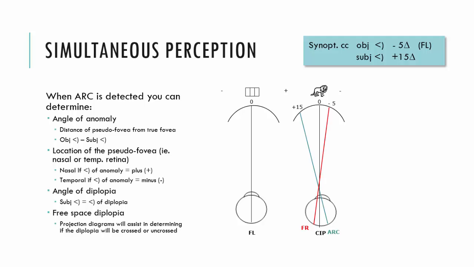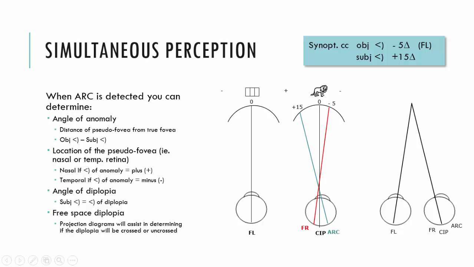We would then take this synoptophore diagram and translate that into a free space projection diagram. So here we have the free space projection diagram. We have the left eye as the fixing eye, and so an image here would be projected onto the left fovea and projected back in space as being straight ahead.